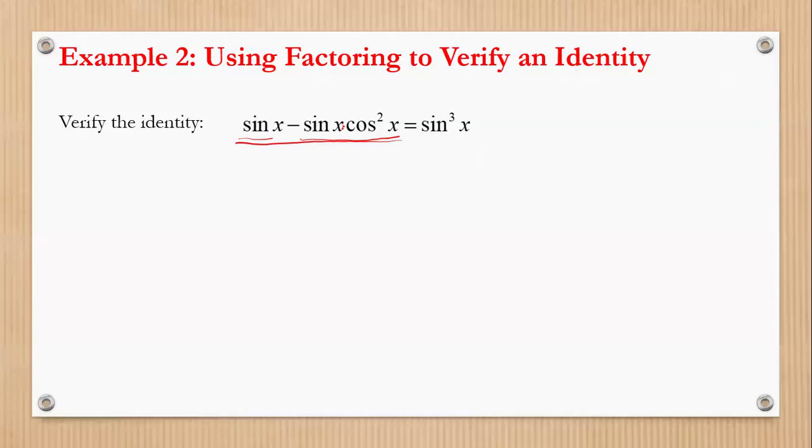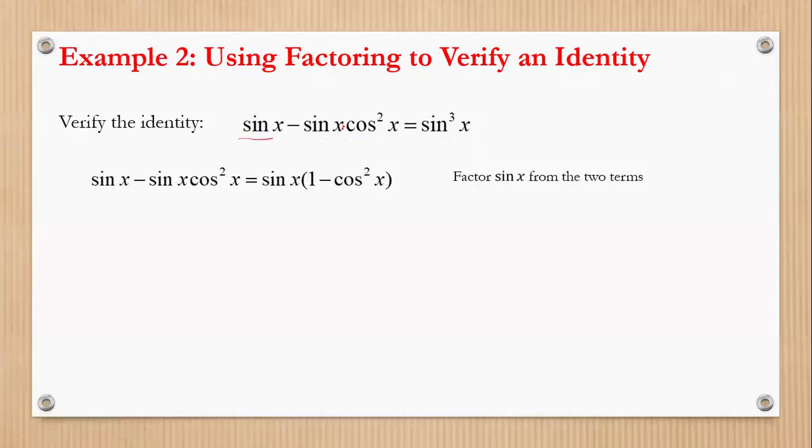When you factor out sine, that means you are dividing both terms by sine. And if you divide both terms by sine, sine over sine is just 1, and the sine and sine cancel each other, and you will have only cosine squared.